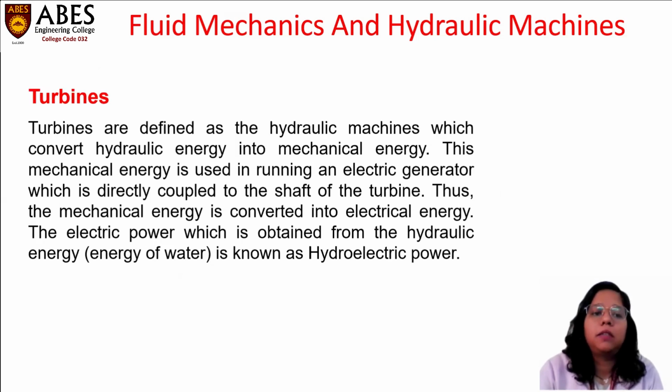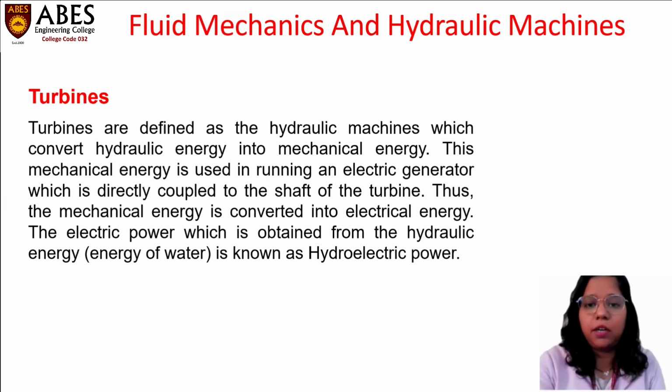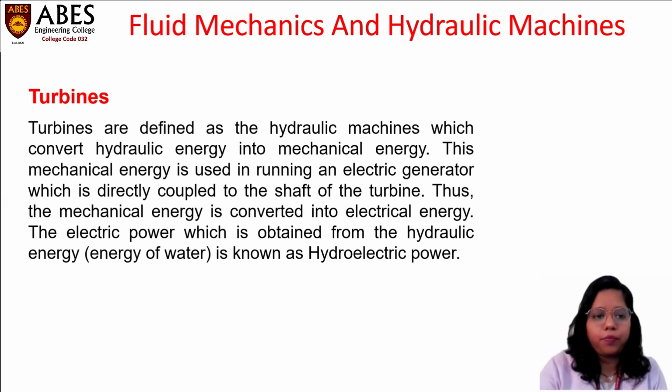So what are turbines? Turbines are defined as those hydraulic machines which are converting hydraulic energy into mechanical energy. This mechanical energy is further used in running an electric generator, which is directly coupled to the shaft of the turbine. The converted mechanical energy is further converted into electrical energy.